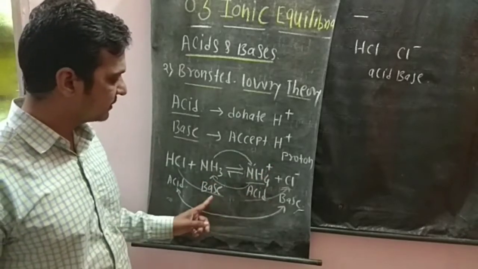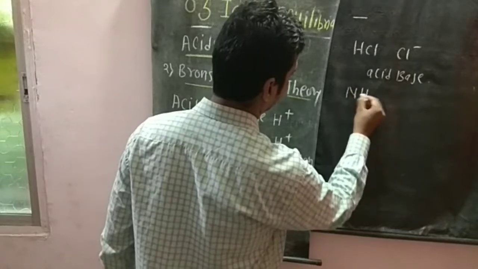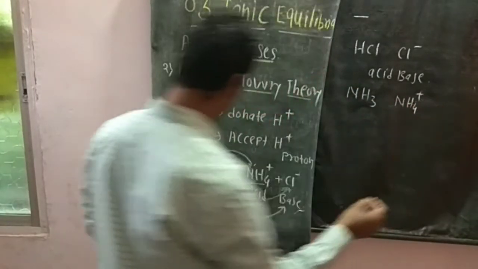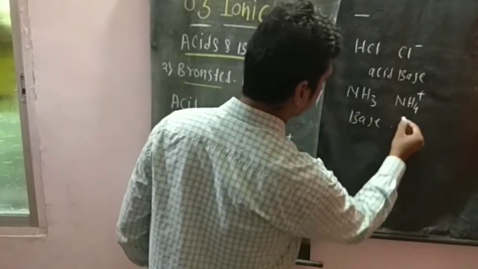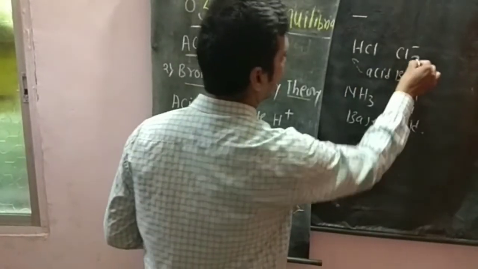So we have the second pair of acid base in this reaction, NH3 and NH4 plus, where NH3 is a base, NH4 plus is an acid, and here HCl is an acid and Cl minus is a base.